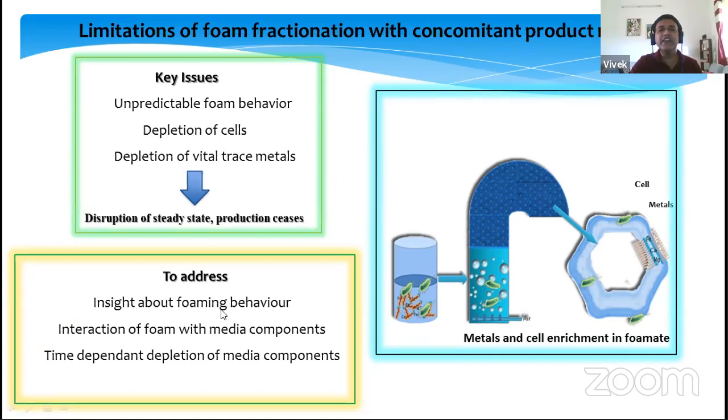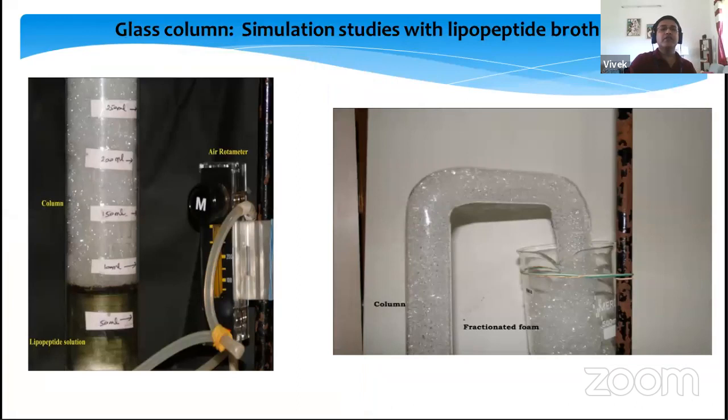To gain insight about the foaming behavior, the interaction between the foam and the media components, and the time dependent depletion of this foam, we started with a simple column study. You can see it's a cylindrical column connected to a sparger at the bottom.